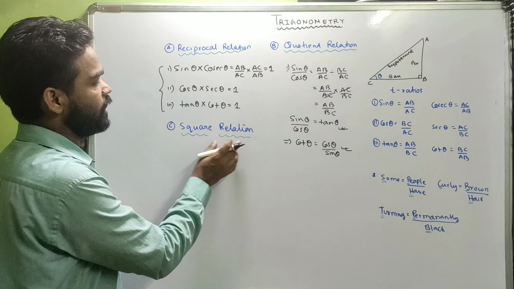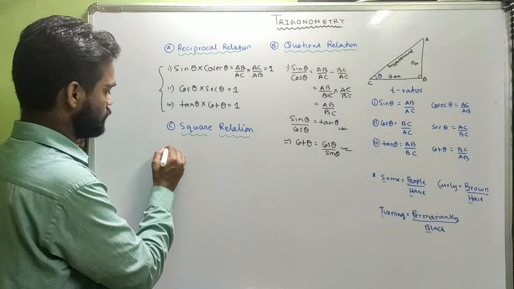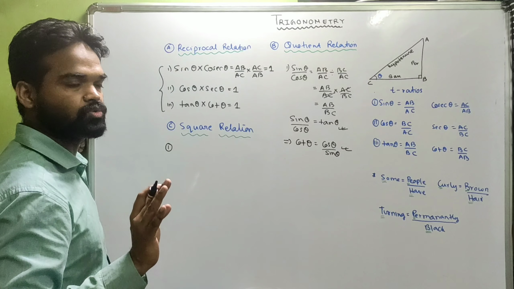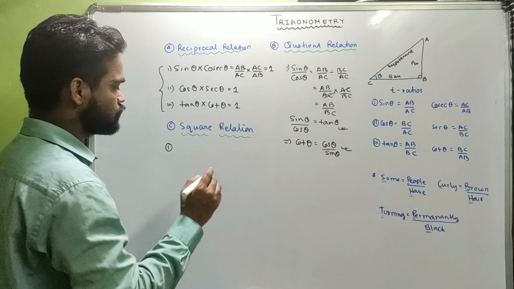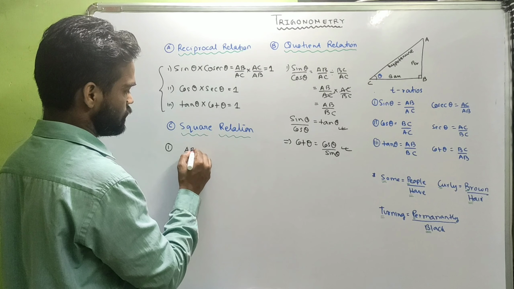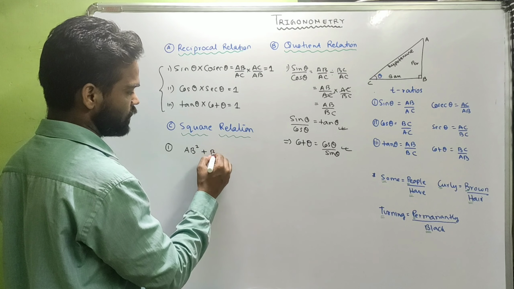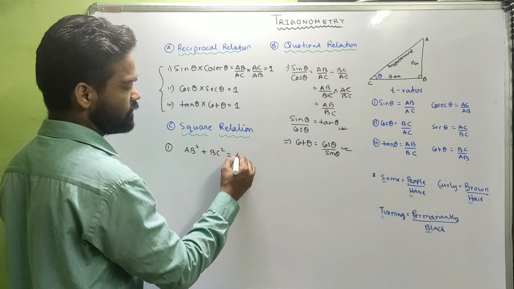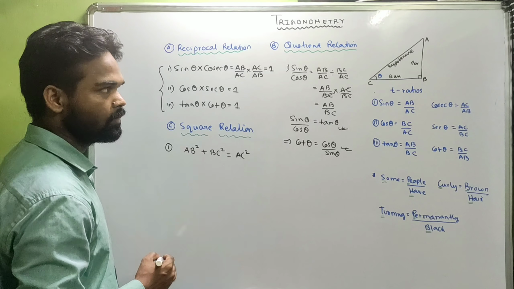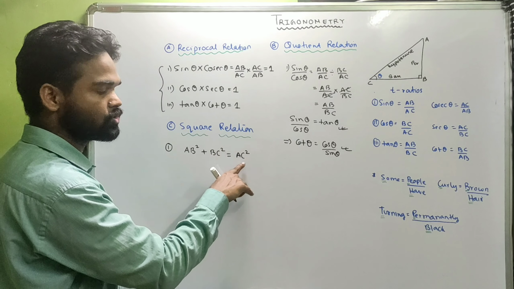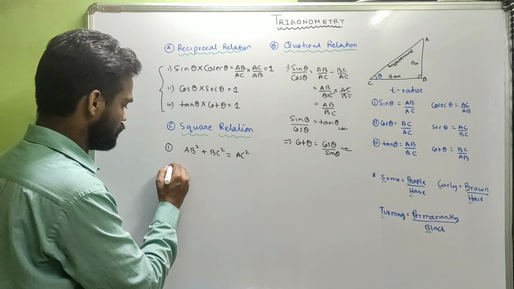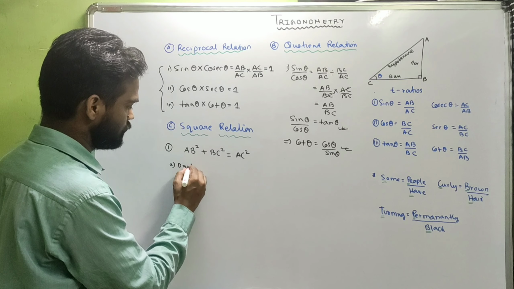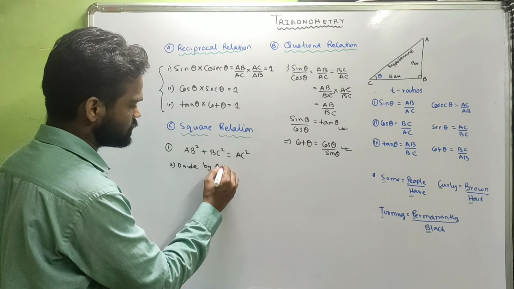Now look at the square relation, very important. It goes till your class 12. Now look at the triangle ABC. We know Pythagoras theorem. We can write AB square plus BC square is equal to AC square. Perpendicular square plus base square equals hypotenuse square. Now I'll divide the entire thing by AC square.